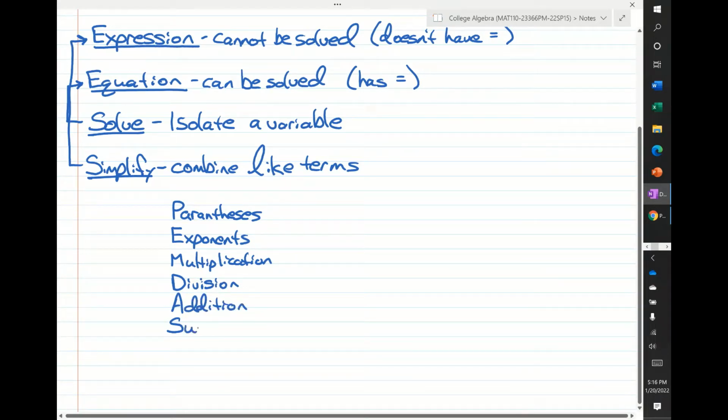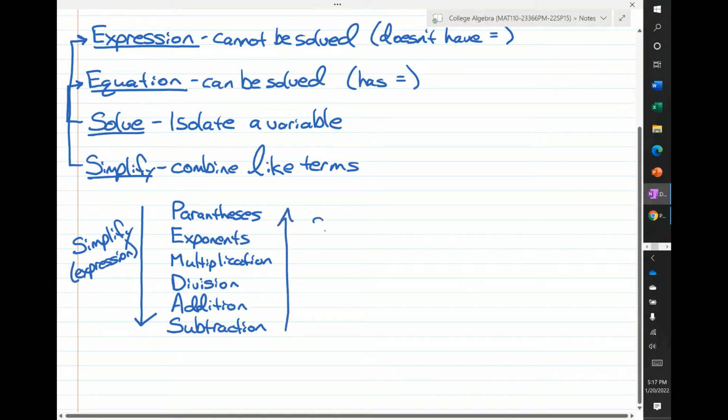And S is subtraction. When we are simplifying, we go this way, when we simplify an expression. When we solve, we go this way, when we solve equations.